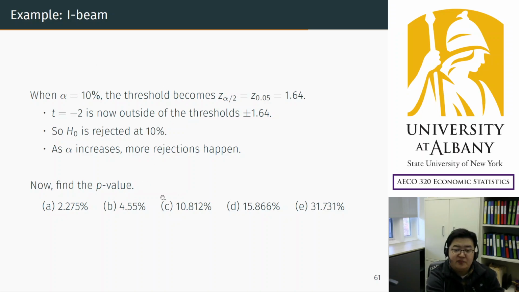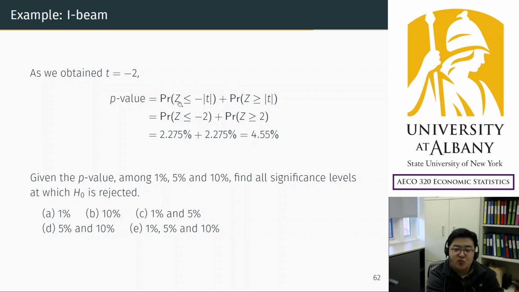The p-value is calculated this way. Our t-stat was -2, so the p-value should include the probability smaller than -2 and the probability greater than 2. Both probabilities are equal, so the total probability, including both sides, is 4.55%. That is the p-value.